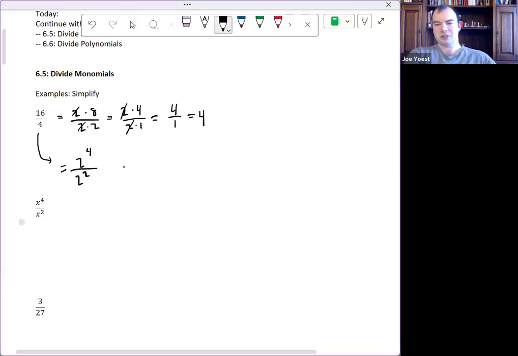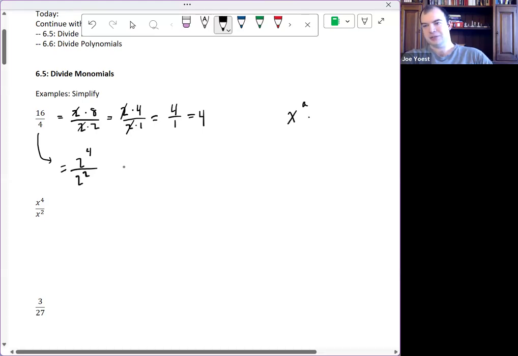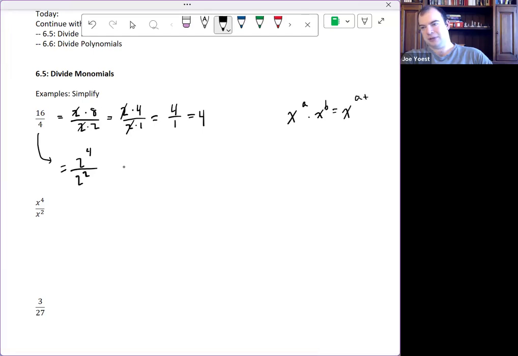Maybe we can use a property of exponents here. We had a property that said x to the a times x to the b equals x to the power a plus b. But we can combine this with another idea: what is a negative power? x to the negative a equals 1 over x to the a.